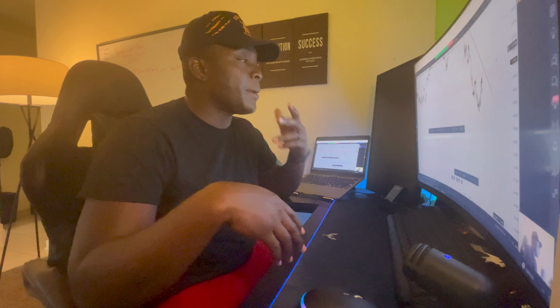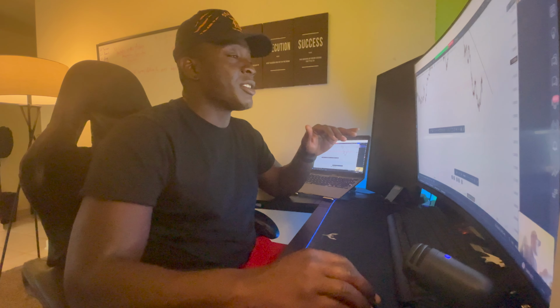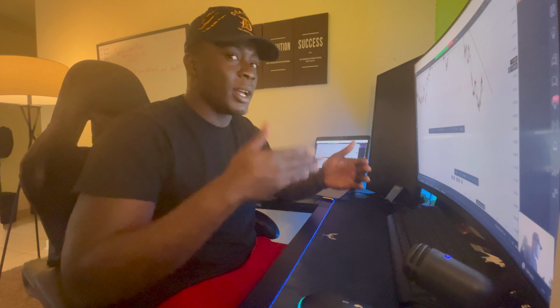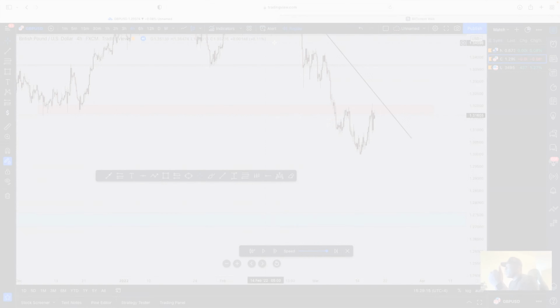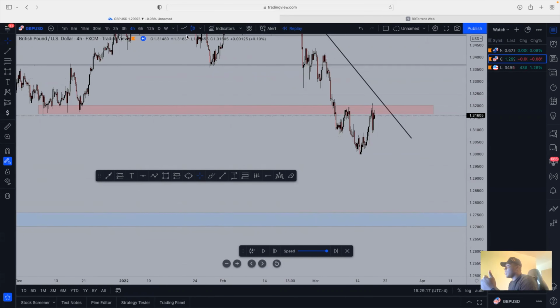But for me, I just want to focus on certain points. So I'll stay on my 4-hour whenever I'm drawing my zones, because usually our 4-hour zones work well with every other time frame.